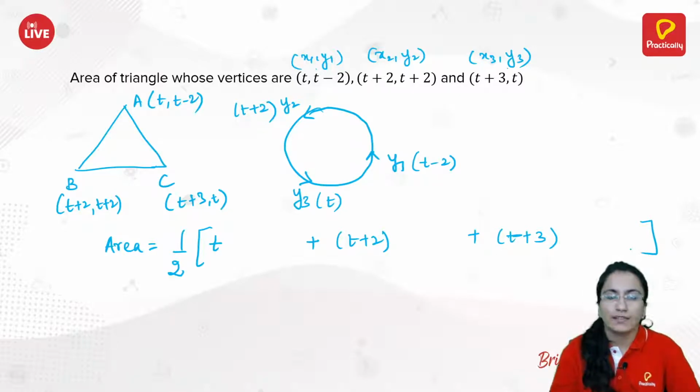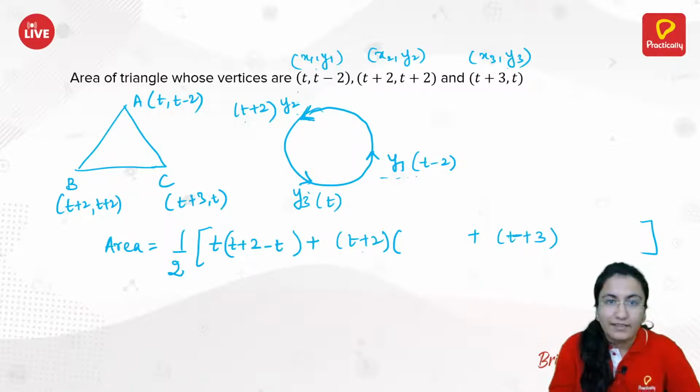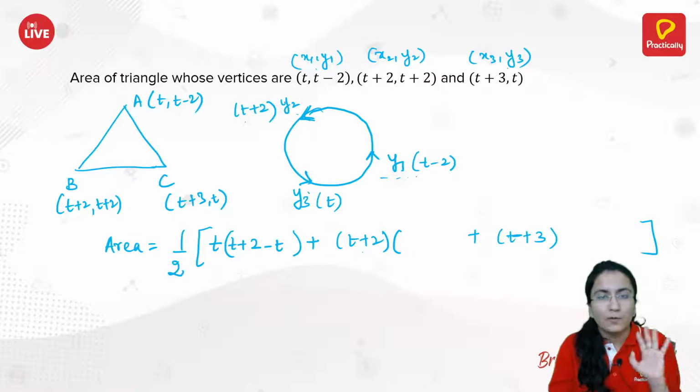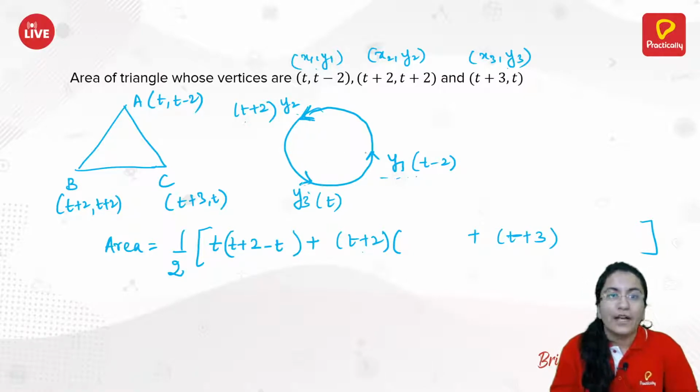Then close the brackets. Now here you have x1, so that means you need to forget about y1 and write on the basis of y2 and y3. So you will write on the basis of arrows, that is y2 minus y3, that is T plus 2 minus T. Next here you have x2, so just remove this x2, y2 from your mind, and what you have is y3 and y1.